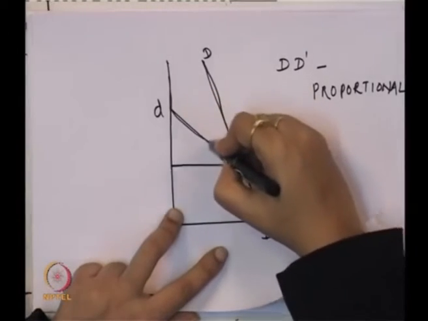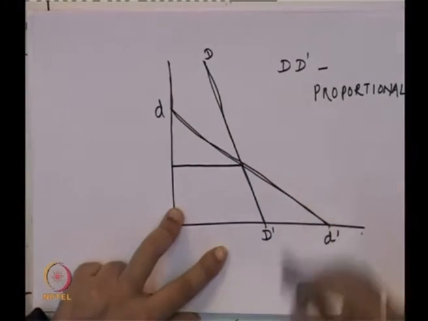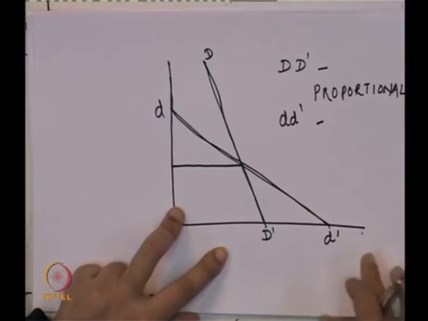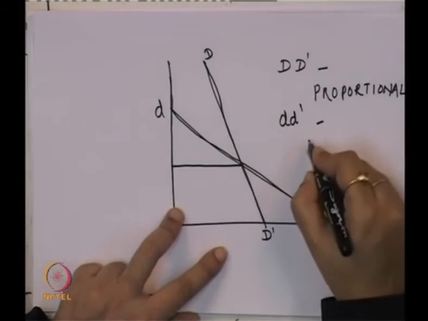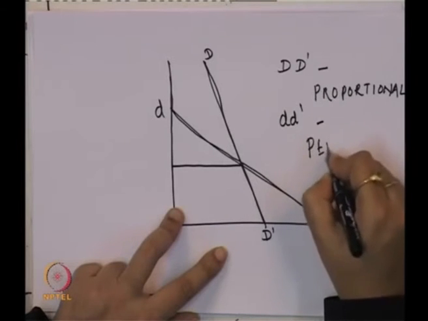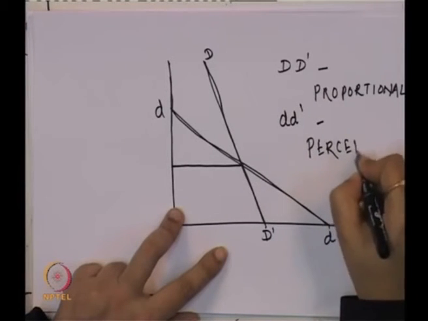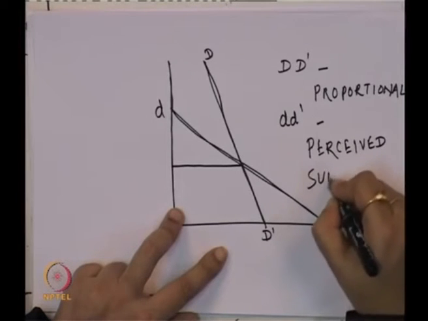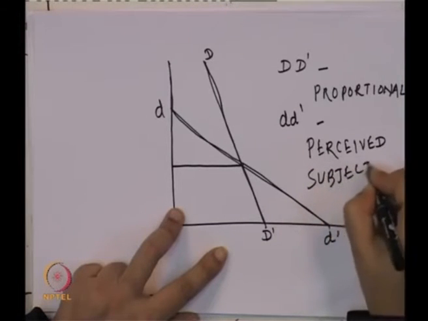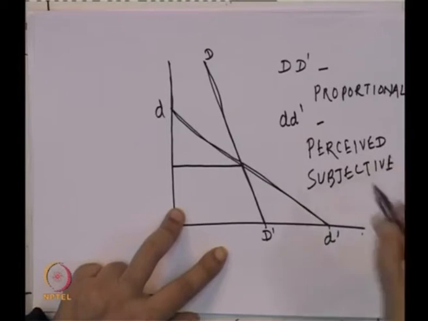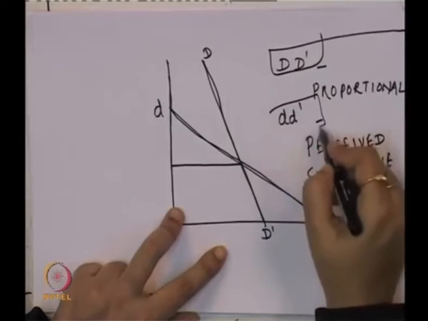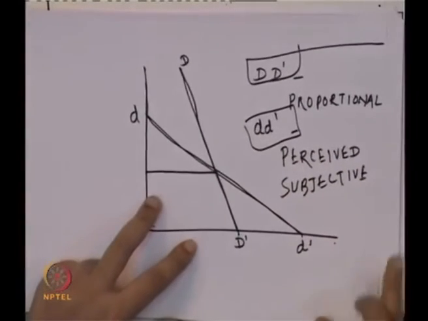And this other demand curve talks about the case where one firm changes the price and others are not changing the price. This demand curve is known as the perceived demand curve or subjective demand curve. So, this is the proportional demand curve, this is the subjective demand curve.